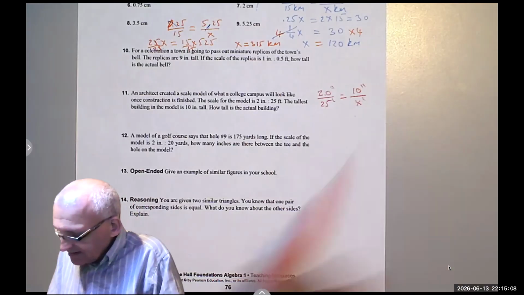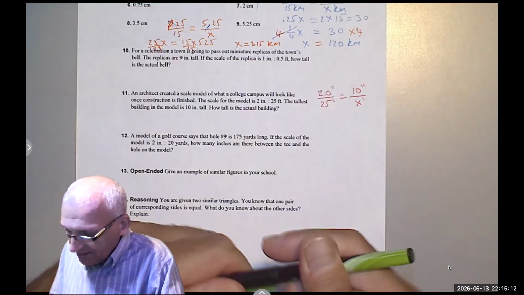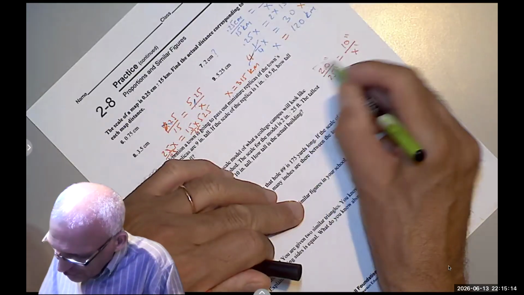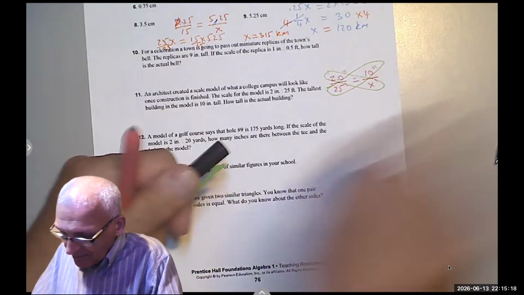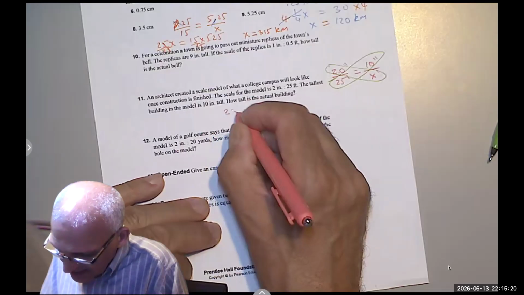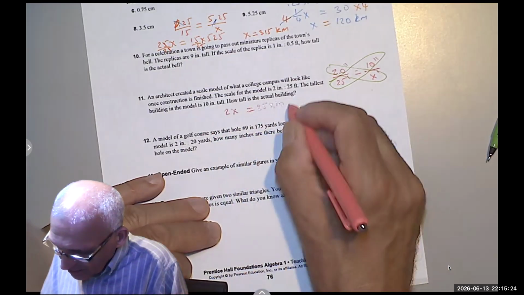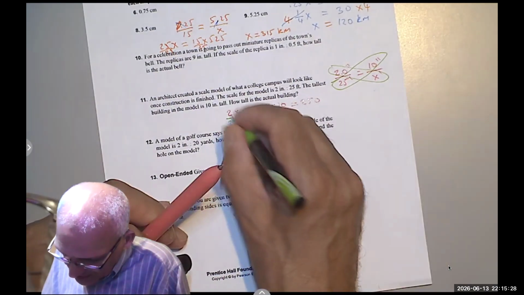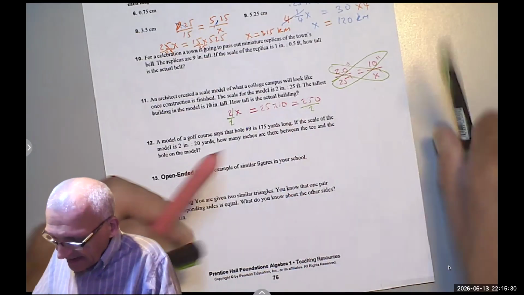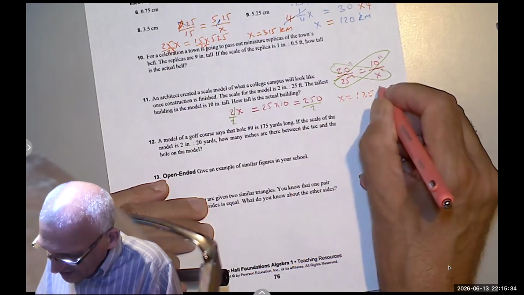If I do the same thing as we did before, the butterfly method, 2x equals 25 times 10 equals 250. So I'm going to divide by 2 both sides, and I get x equals 125 feet.